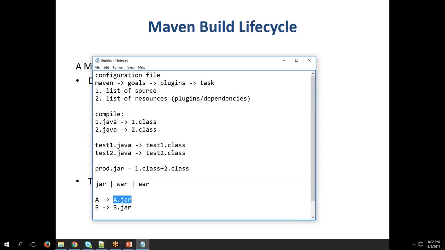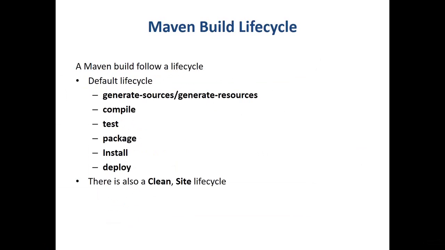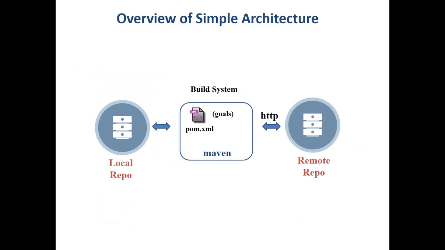And by default, when you run Maven for this project, where is it going to check for the dependencies? It is going to go to the local repository, and from here it will check whether a.jar is available. Practically, if it is not available, it will go to the internet and try to search and download it there.